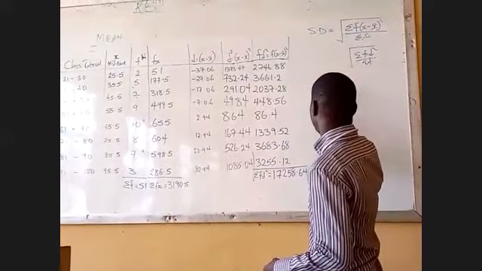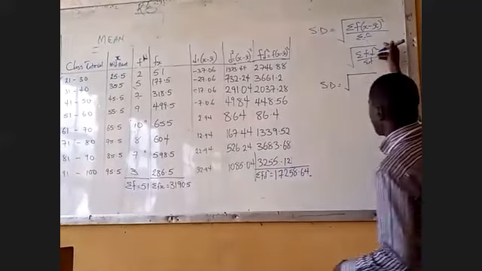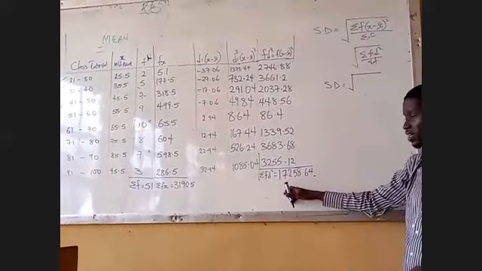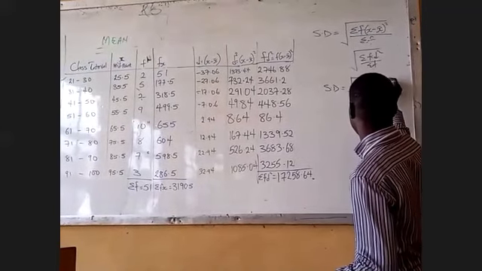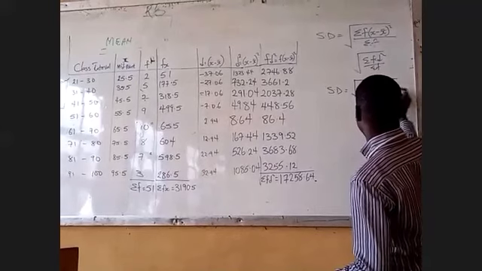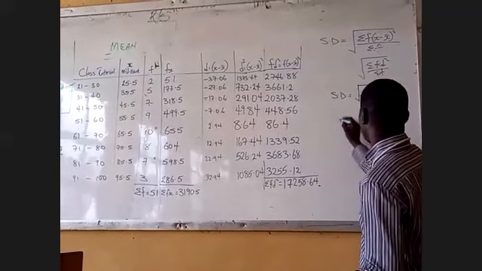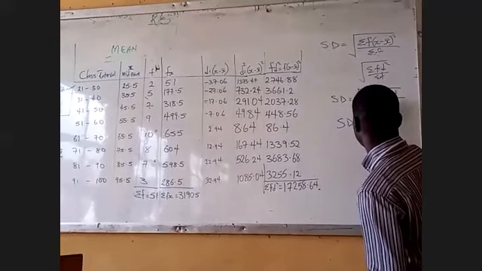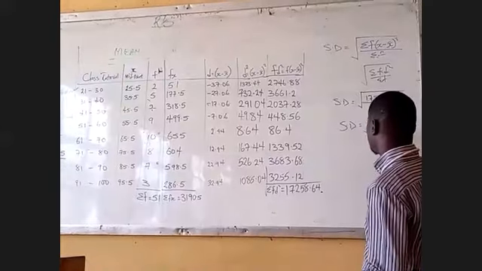So our standard deviation, like the formula says, is the square root of summation f d squared, which we've gotten here as 17258.64, divided by summation f, which is 51, right? So our standard deviation is the division, right?